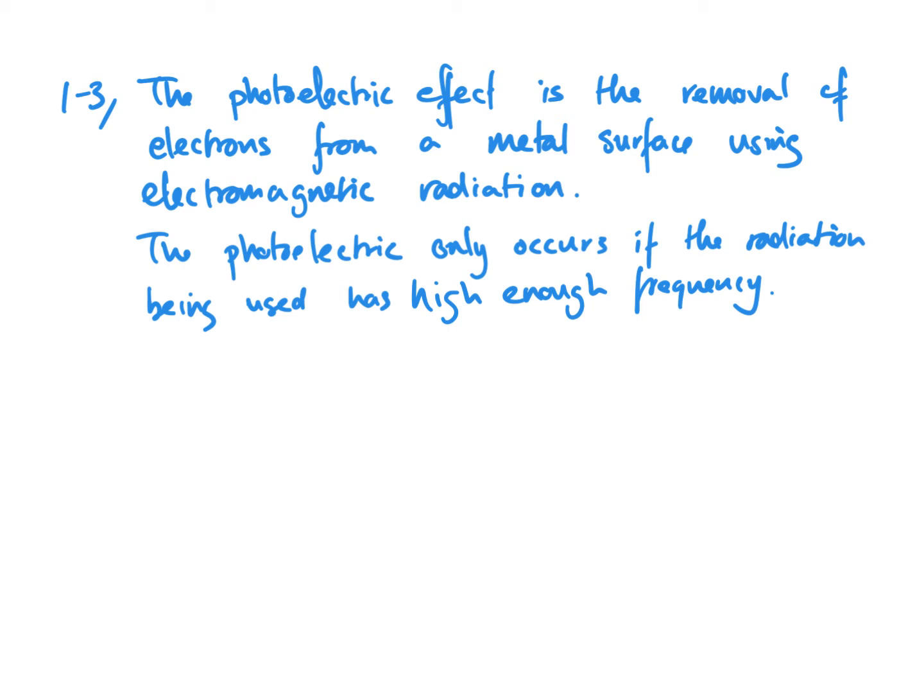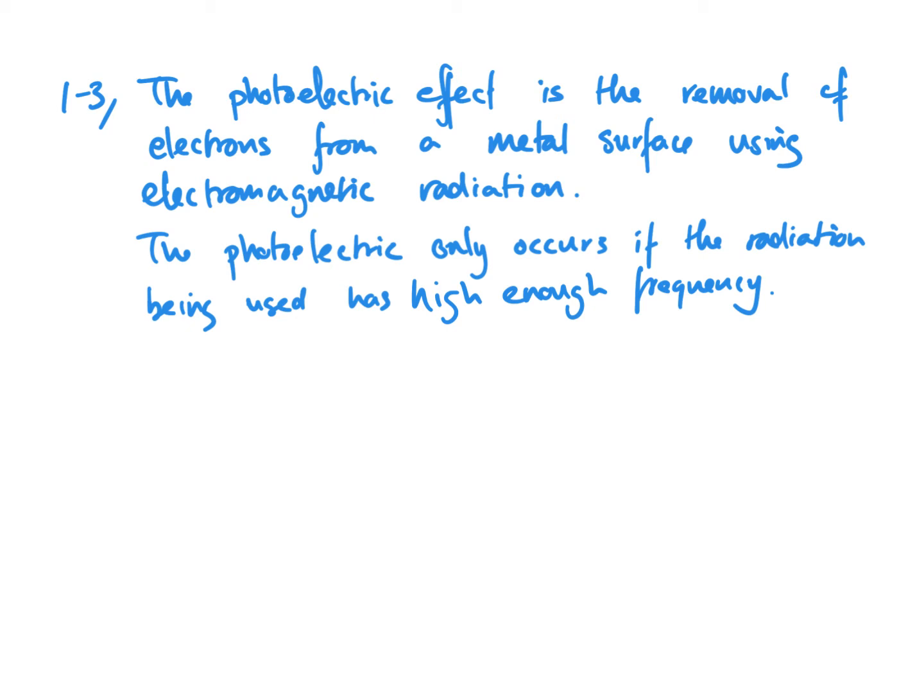So that can't be explained using a wave model. If light is a wave, then the energy would eventually build up and you'd be able to knock electrons off. So if you've got high enough intensity, if you let it run long enough, it would eventually knock electrons off. But this reminded scientists of experiments they did with particles.